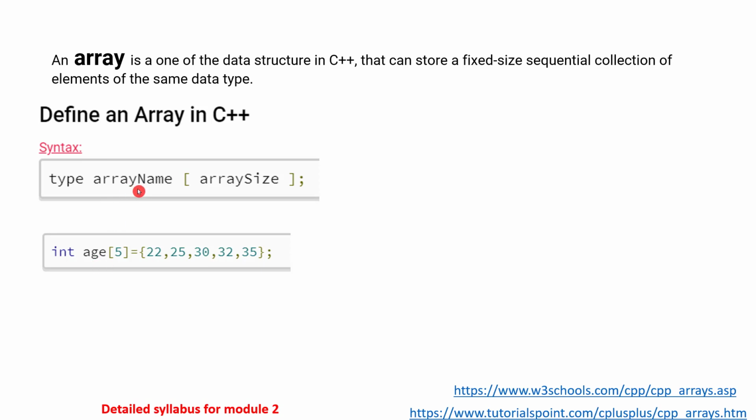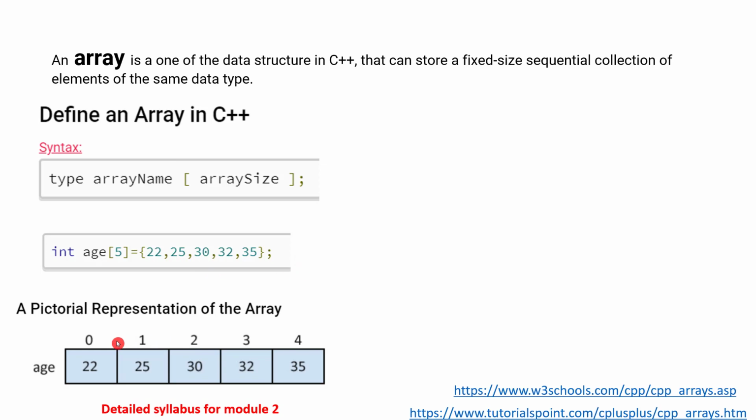So age is the array name, and for size you can define here the number of elements inside the array. So if you are getting the age of 5 persons, array age 5, and you are inputting the values of age in order. When you are inputting like this, the 22 will come in the 0th position, the second, 25, will come in the first position, and the 35 will come in the fourth position.